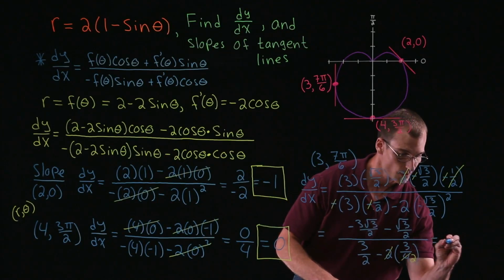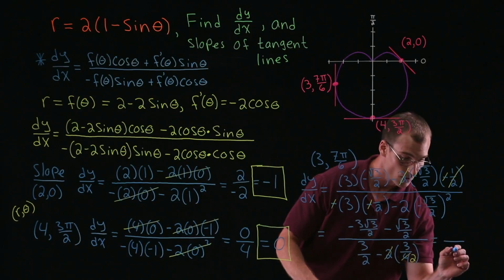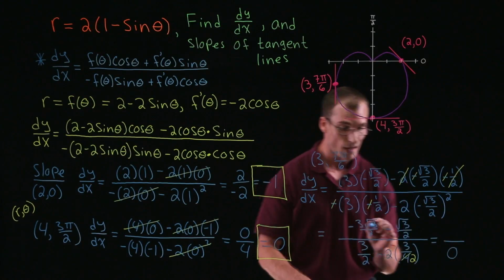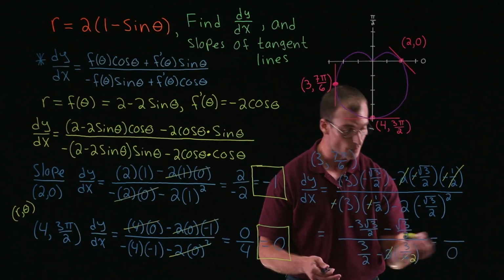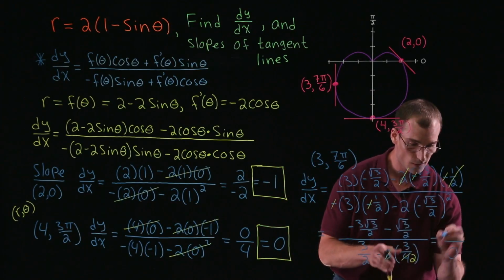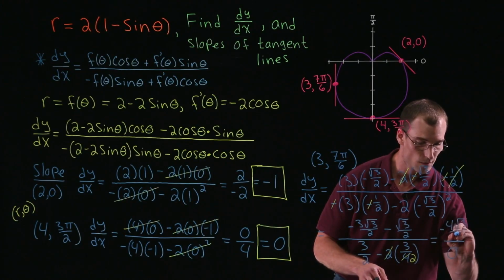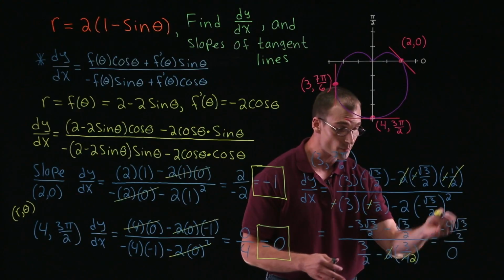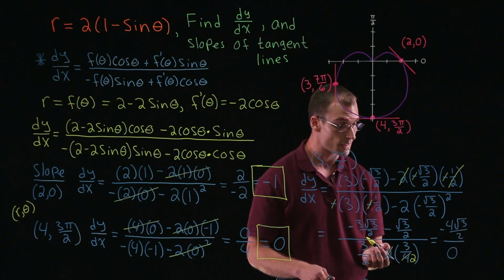So we can start to see, at least in the denominator, we have 3/2 minus 3/2, which is going to give us 0. And in the numerator, not like it matters because this is going to be undefined, but we'll simplify that. So this is going to give us, say, minus 4 root 3 over 2, which of course can be canceled, but we'll leave it as this because what we see is we have 0 in the denominator.